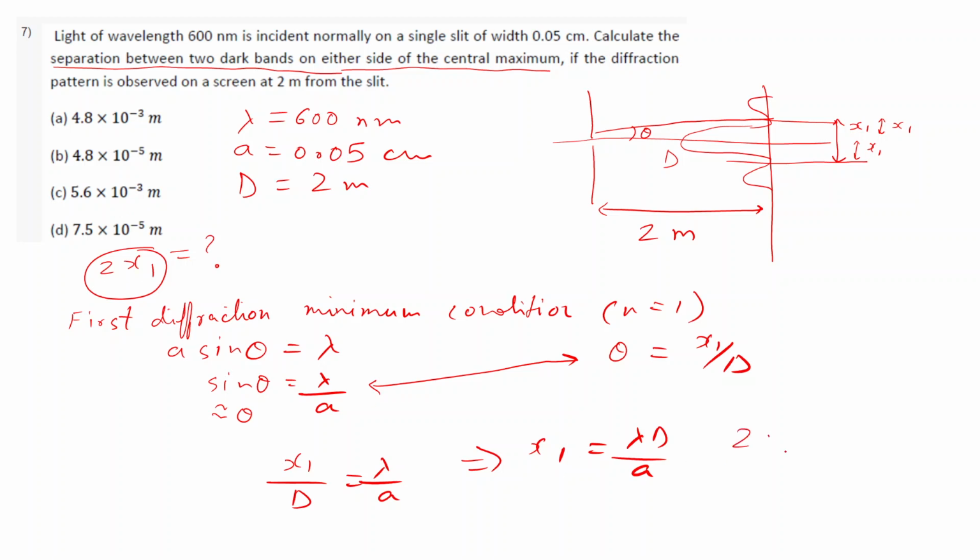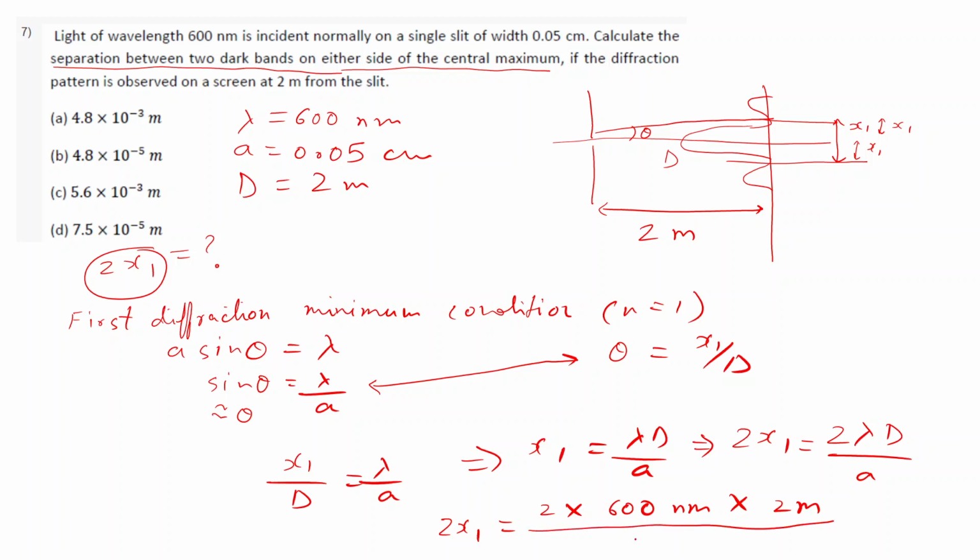So 2x1 from this will be 2 times lambda d by a. Okay, and what it will be, 2 times lambda, which is 600 nanometer, d which is 2 meters, and a which is 0.05 centimeter.